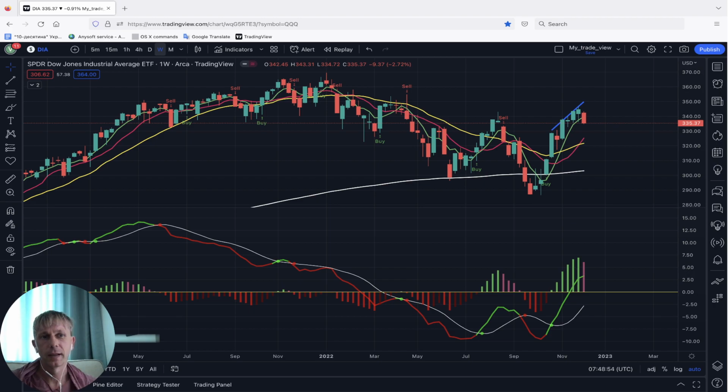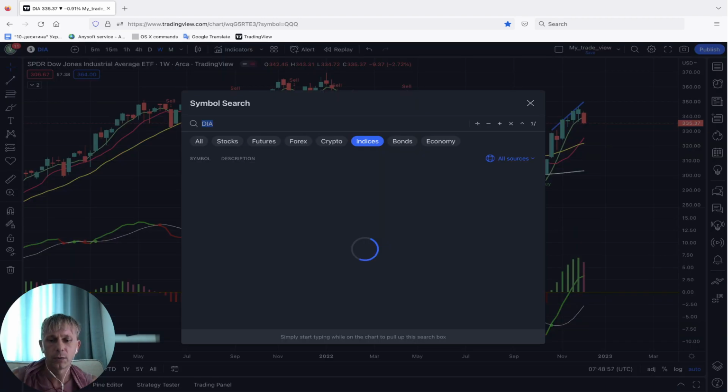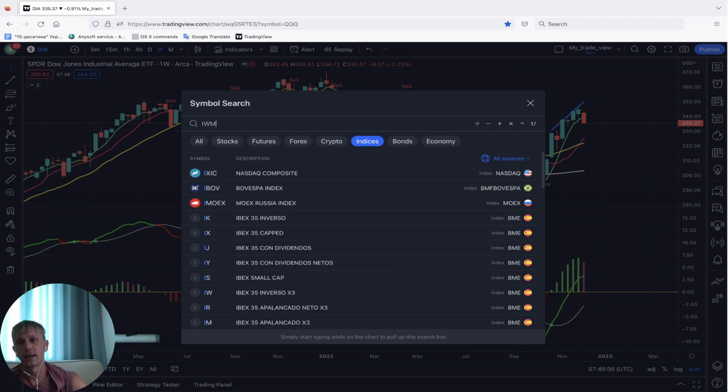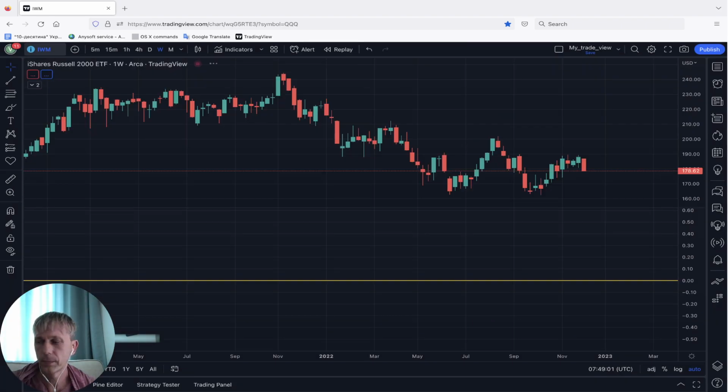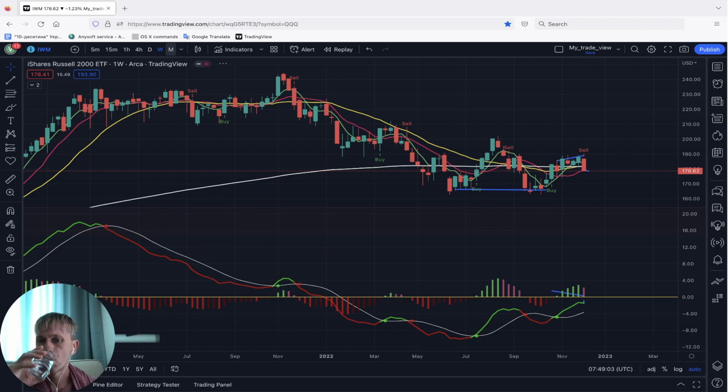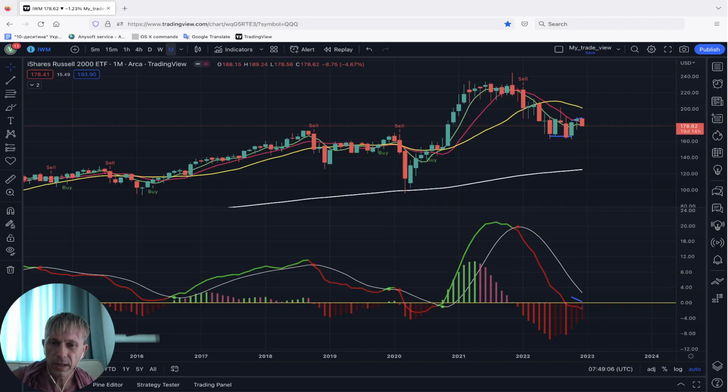Let's move to IWM Russell 2000, monthly. Bearish trend, right? Like I told you, it's so easy to use a simple trading style. Look at it. September 1st, 2020.